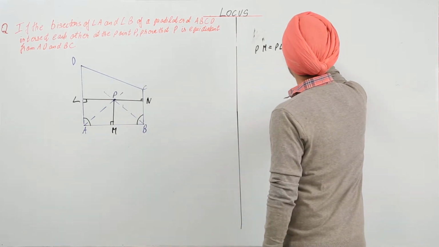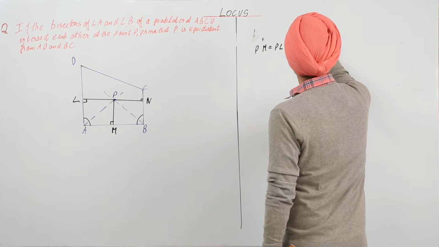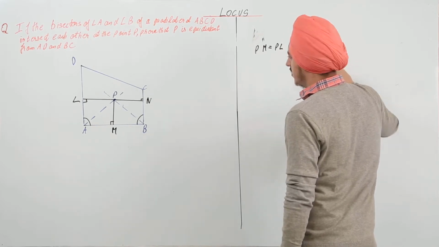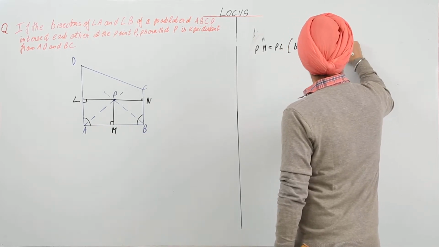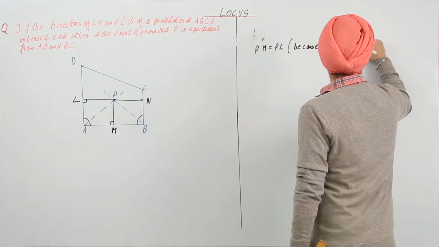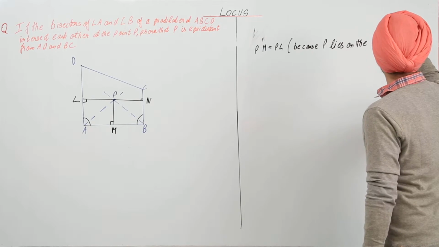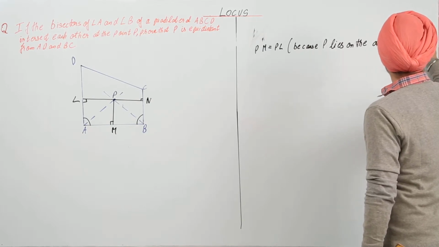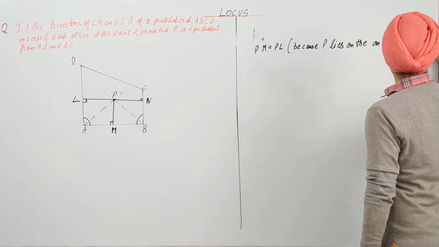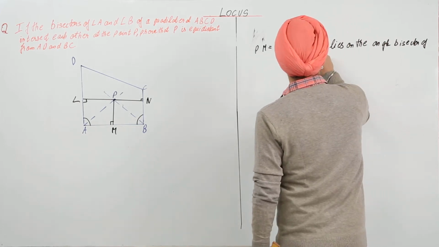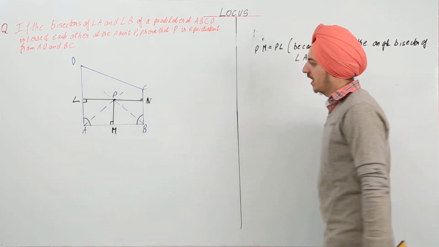Why? Because P lies on the angle bisector of angle A.